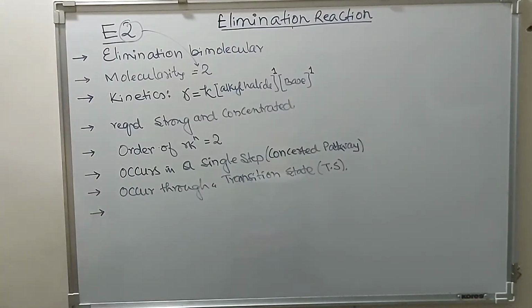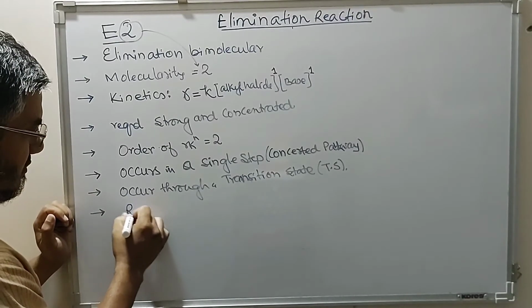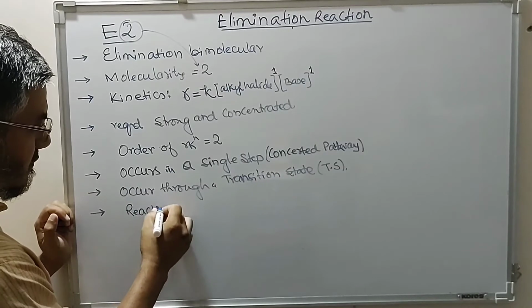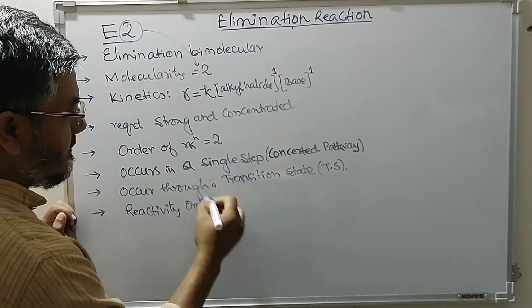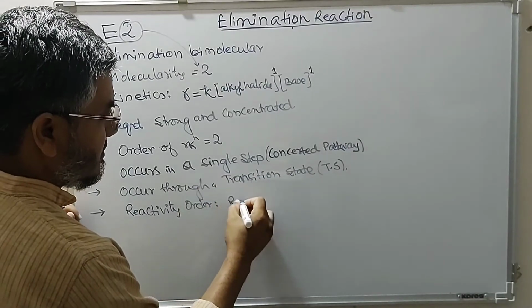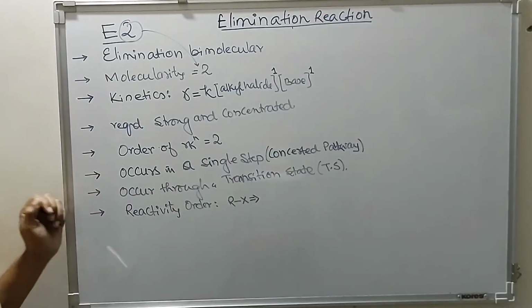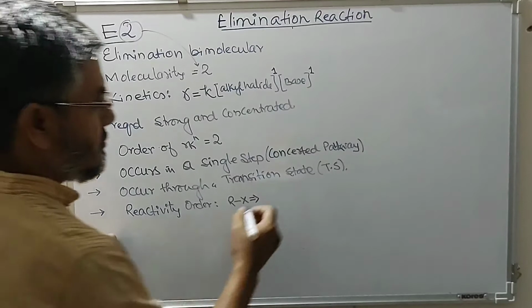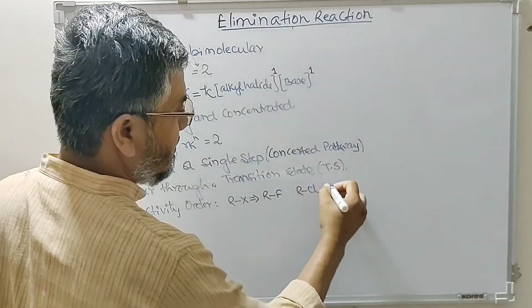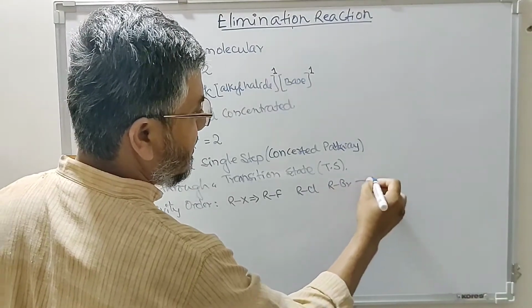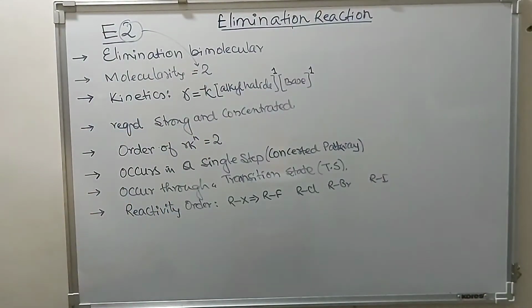E2 reaction, the reactivity order of alkyl halide. So look at this, we have this alkyl halide. In case of alkyl halide, we have different halides. So we have RF, RCl, RBr and RI, different alkyl halides.